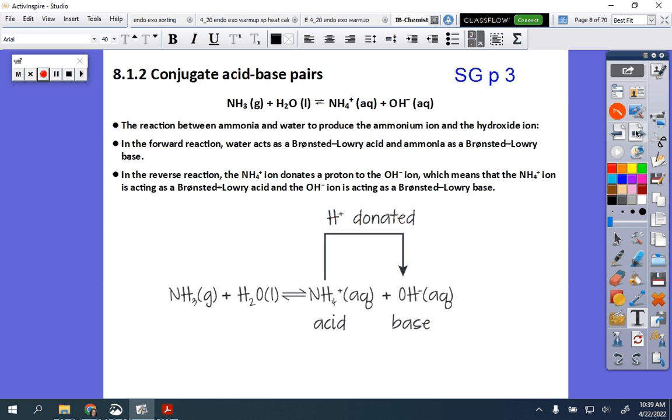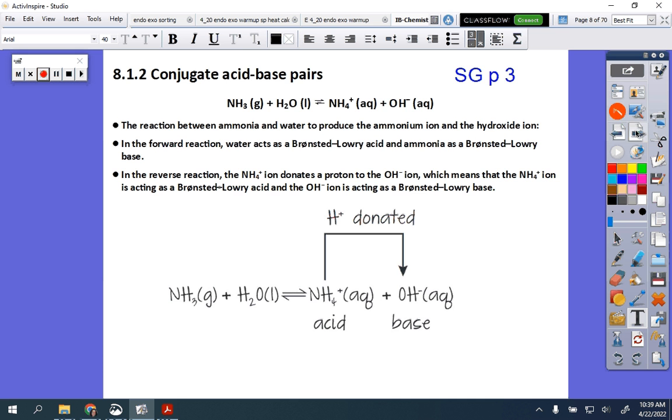But if we do the reverse reaction, the NH4+, the ammonium ion, is going to act as the acid and give a proton back to the hydroxide to make water. So in the reverse reaction, our ammonium becomes the acid and the hydroxide becomes the base. In the original reactants, the ammonia was the base and the water was the acid.